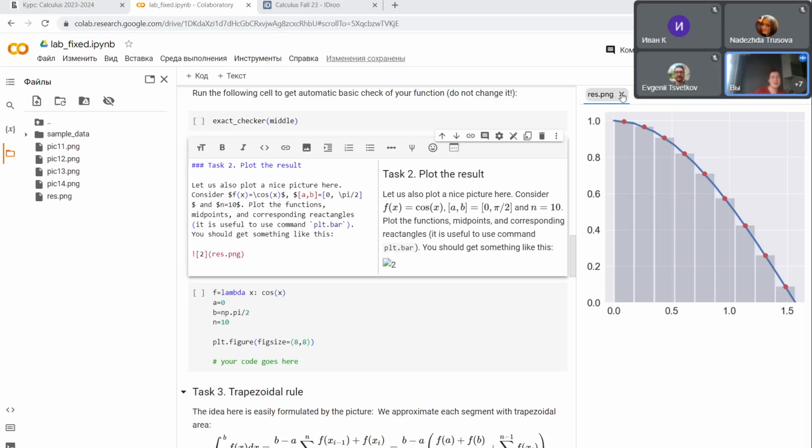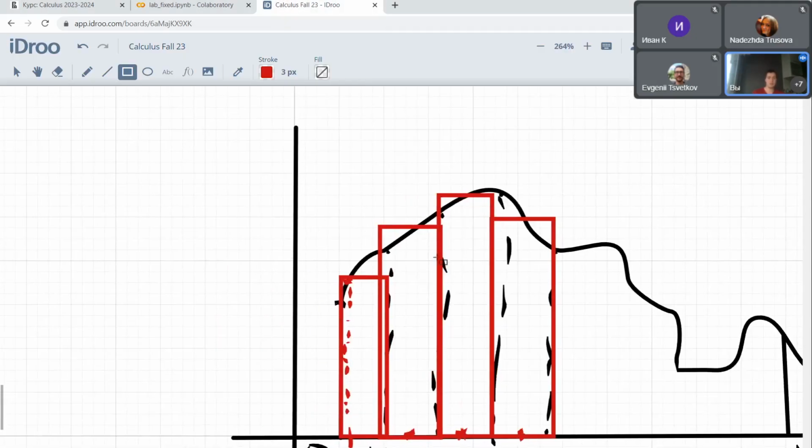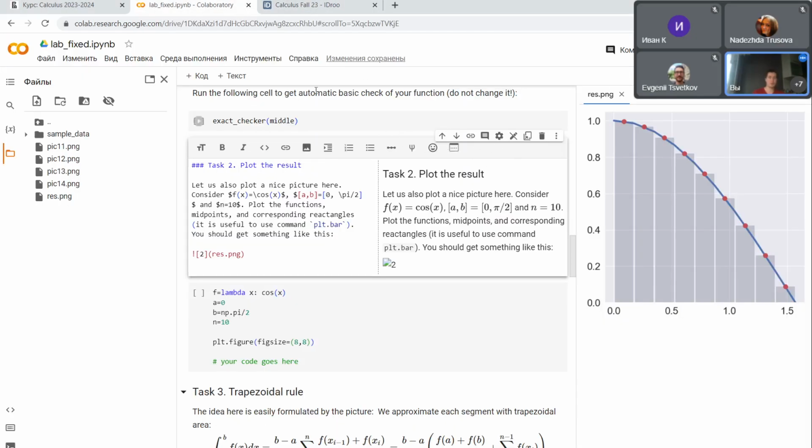So okay, we'll ask you to build a plot, a real curve that corresponds to your function, and also to build rectangles that correspond to this method. So the function plt.bar will help you to do it.